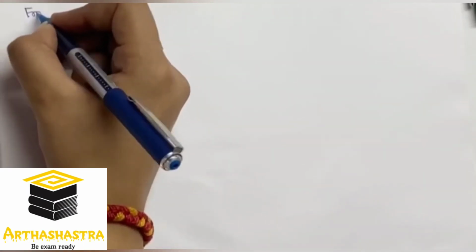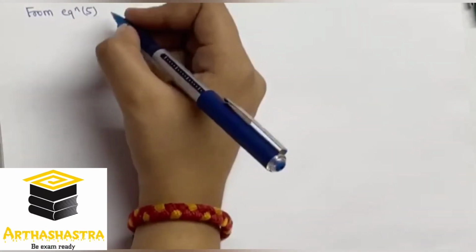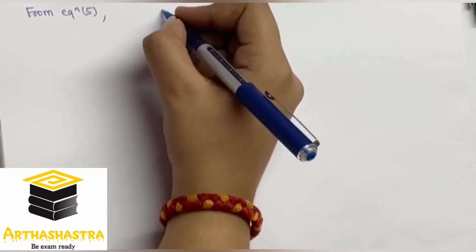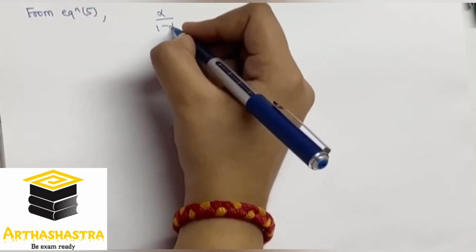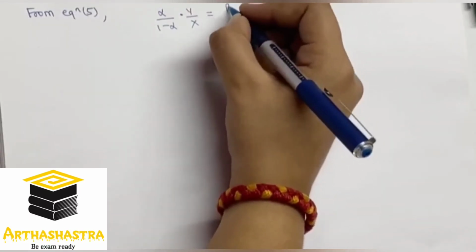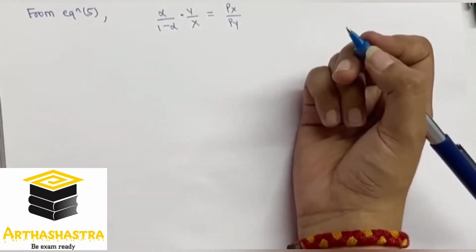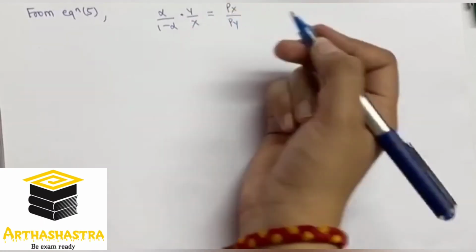Now from equation 5 we have alpha over 1 minus alpha times y over x equals to price of x over price of y. We can solve it for any of the goods.